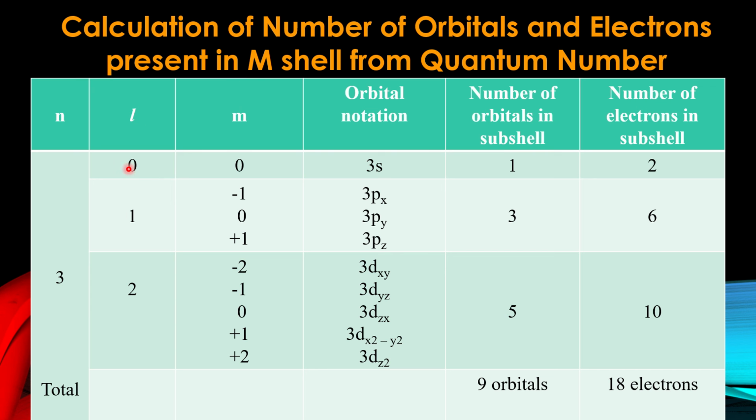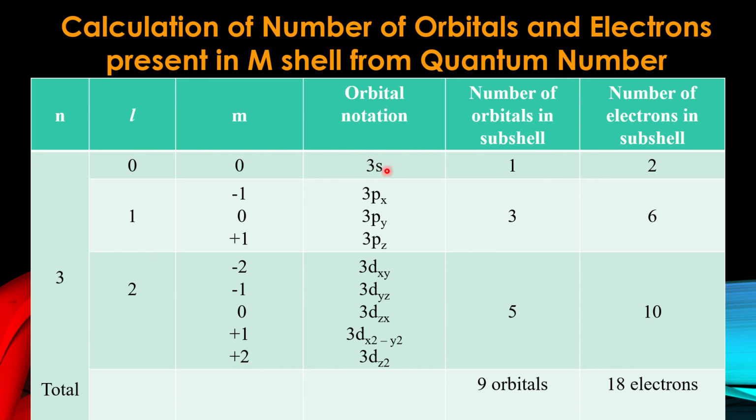When n equal 3, L has 3 values 0, 1 and 2. When L equal 0, M equal only 0. When L equal 1, M has 3 values -1, 0, +1. When L equal 2, M has 5 values -2, -1, 0, +1 and +2.